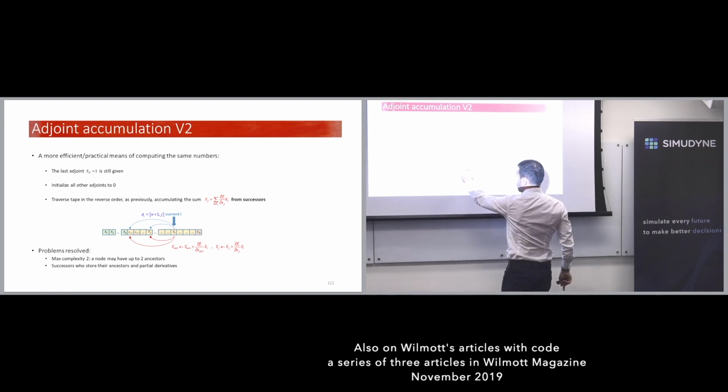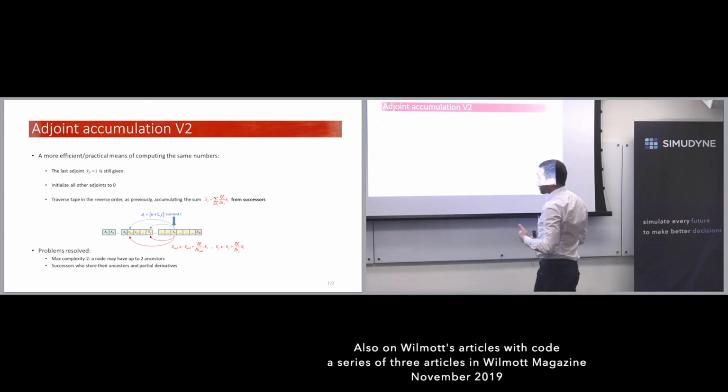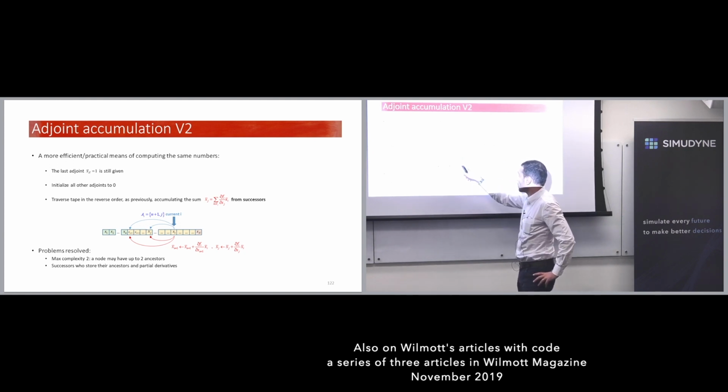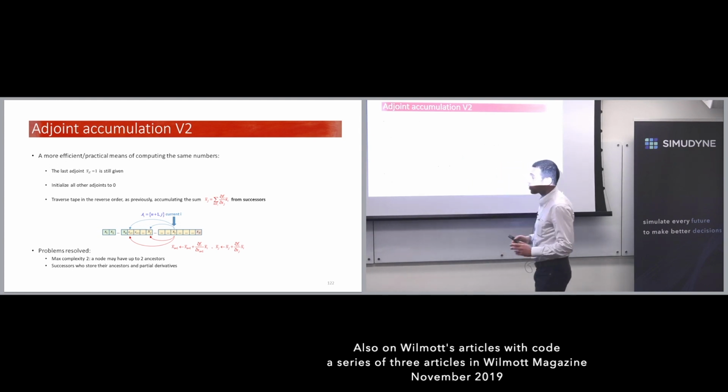And so from this node, I'm going to add something to the adjoint of its ancestors. And it can have only 0, 1, or 2. So I'm going to say that for every ancestor, I will add the adjoint of a successor, weighted by the partial derivative, which is stored on the node of the successor, right?